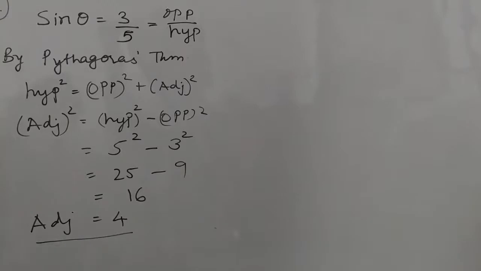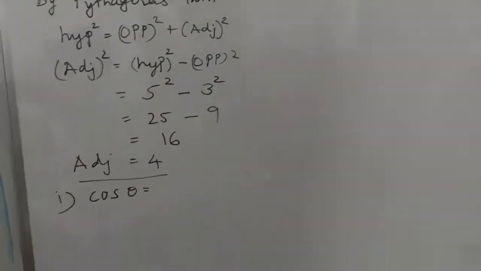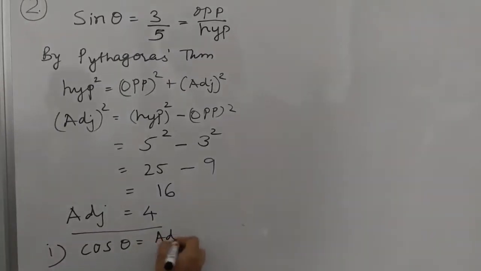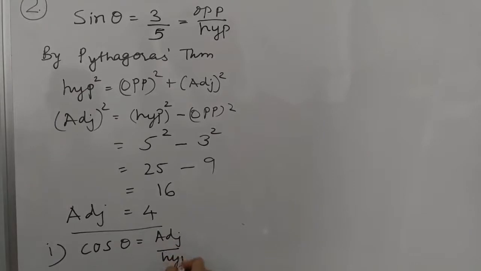Now we have to write cos theta. Cos theta means, remember, ka means adjacent upon hypotenuse. So I write adjacent upon hypotenuse. The adjacent side just found is 4 and the hypotenuse is already there as 5.